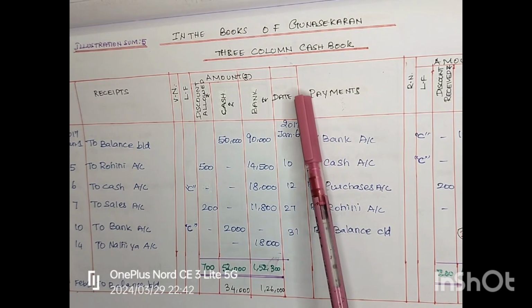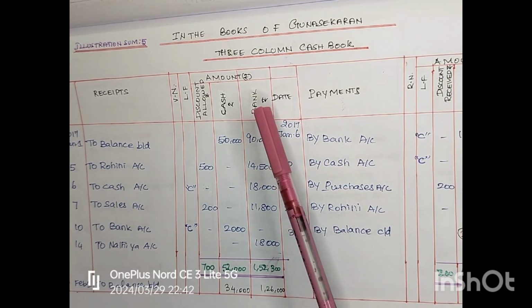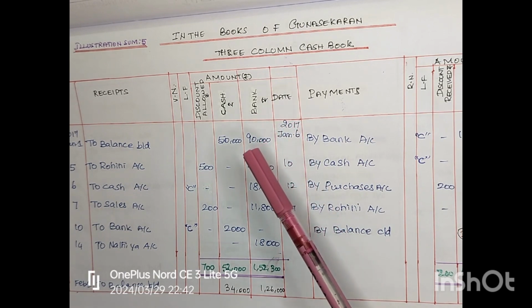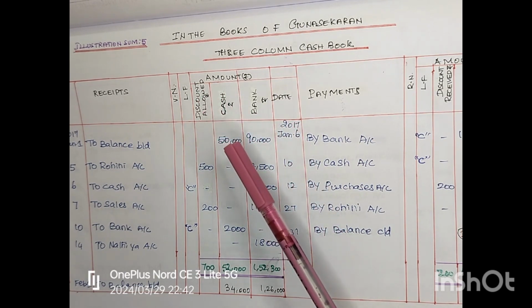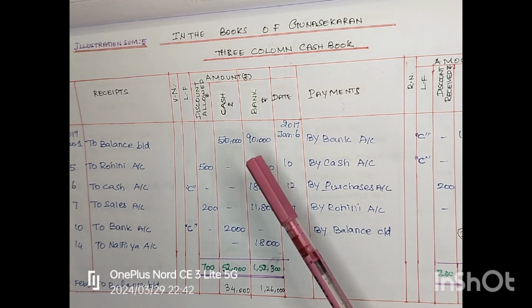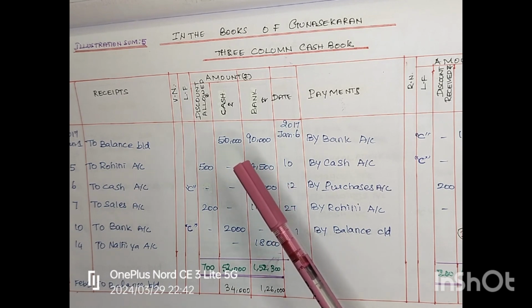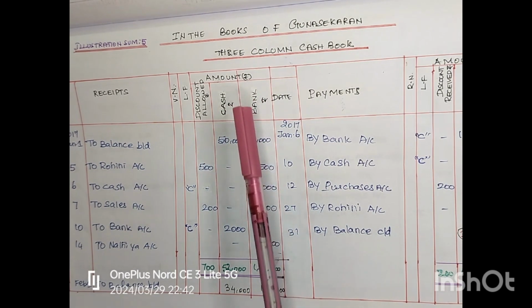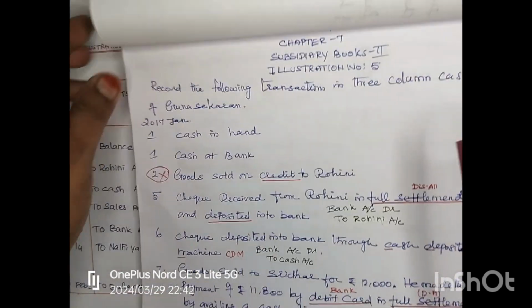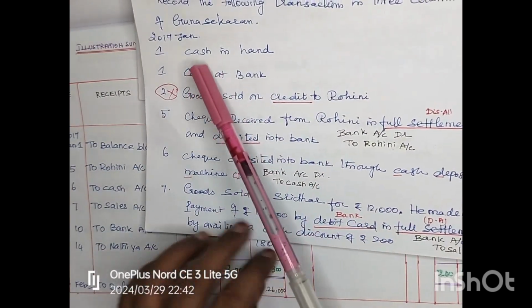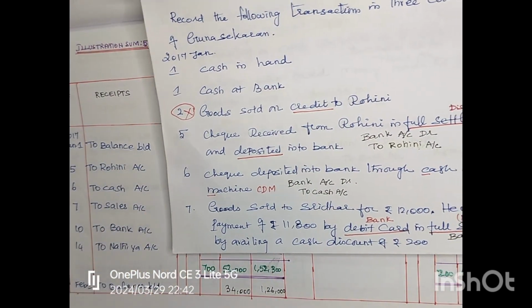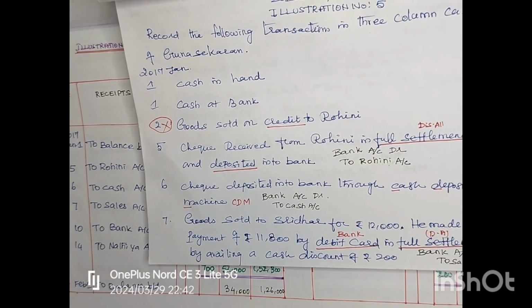Let's see the transaction given. In a 3-column cash book, the opening balance of cash and bank appears as the first item on the debit side. So listen here. 2017 January 1, cash in hand 50,000 rupees and cash at bank 90,000 rupees.